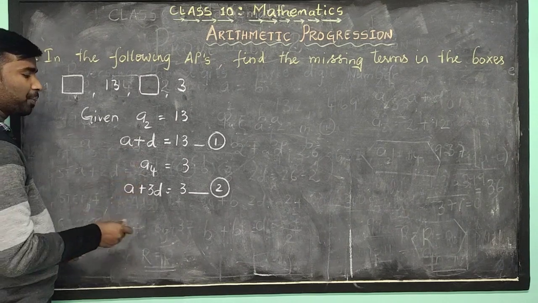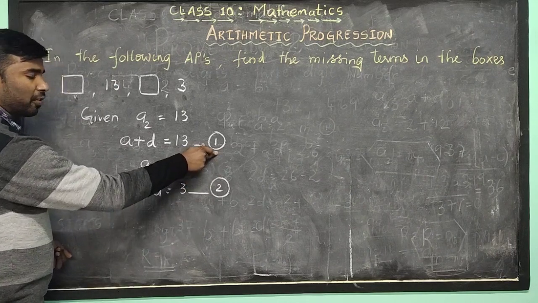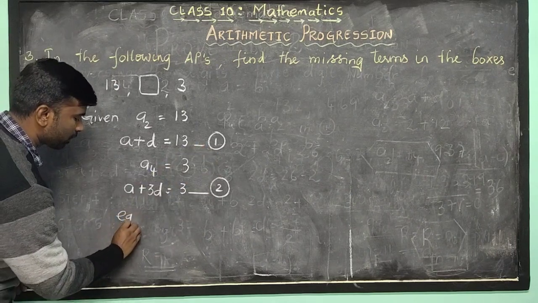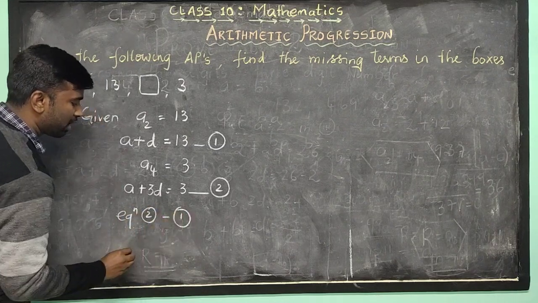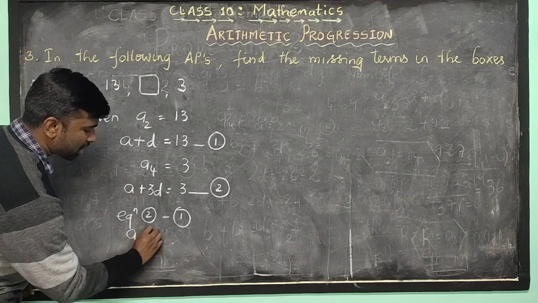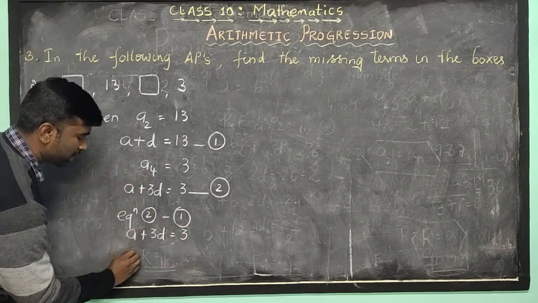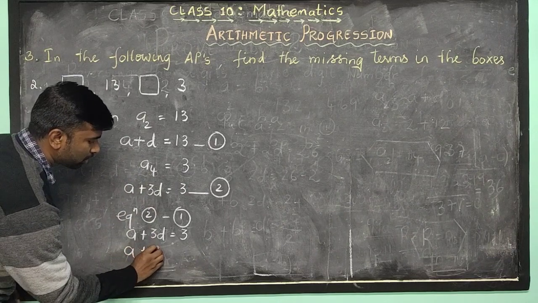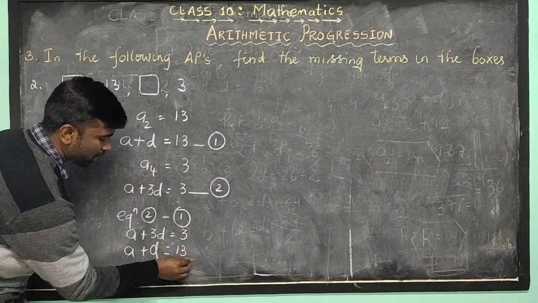Now what I'll do? I'll subtract equation 2 minus equation 1. What I'll get? A plus 3D equals 3 and A plus D equals 13.